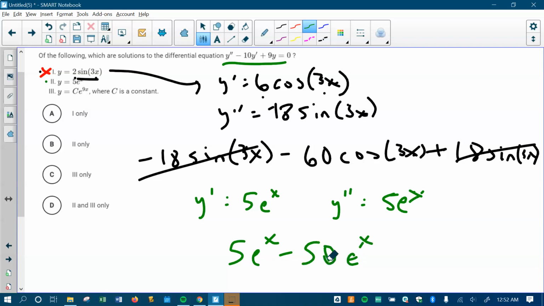And then we're going to do plus 9 times, again, what y is, which is 5 e to the x. So that's going to be 45 e to the x. And I'll save you the suspense here. They're equal. That equals 0. Hooray! So 2 works.